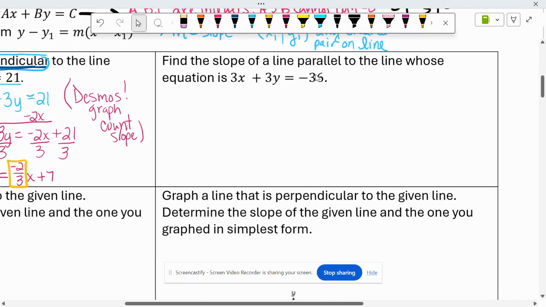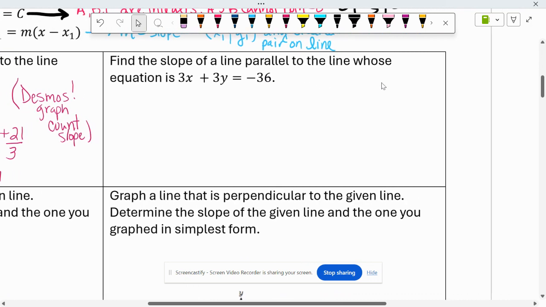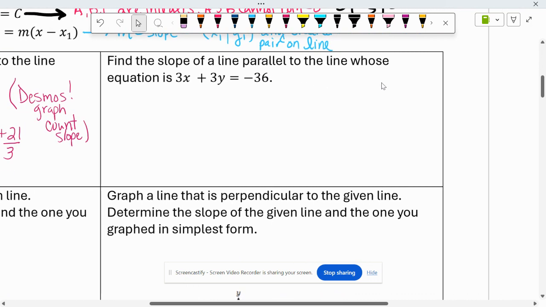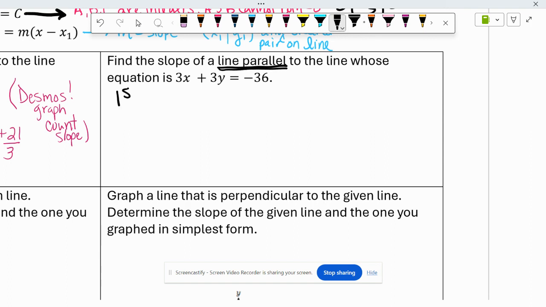Okay, next one. This one says find the slope of a line that's parallel to this line. So parallel means that it's going to have the same slope. So first, I have to find the slope of the given line. So find the slope of 3x plus 3y equals negative 36.